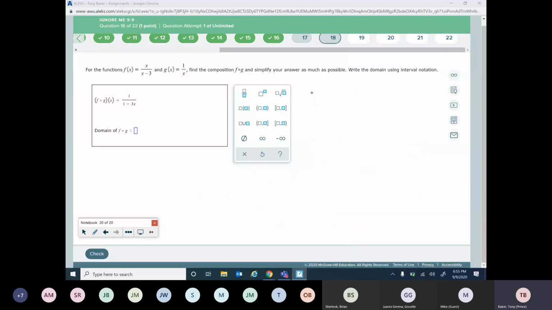So my domain, my 1 over x minus 3 cannot equal 0. So 1 over x cannot equal 3. And then we have to flip both of them, so x cannot equal 1/3. So that's going to be my domain restriction.